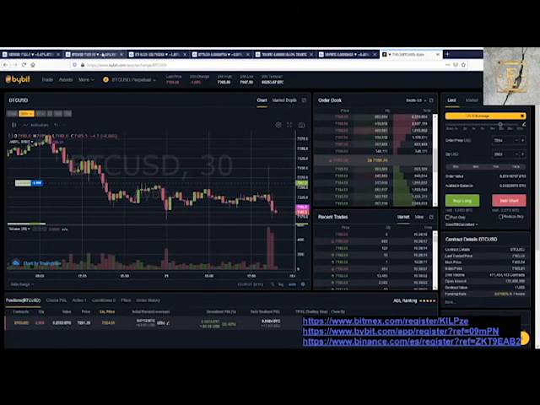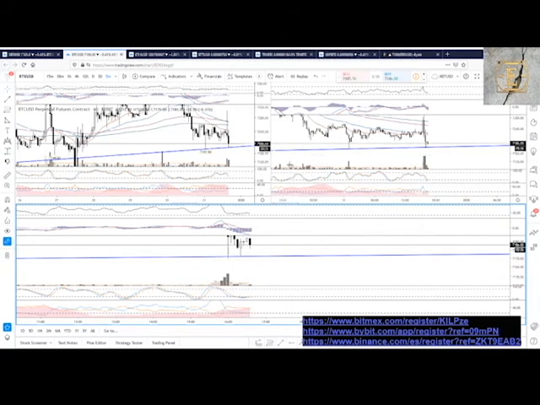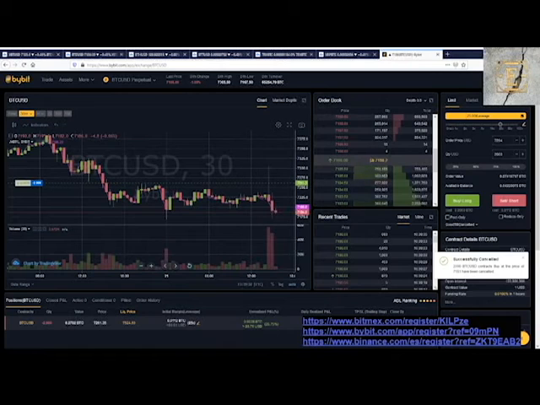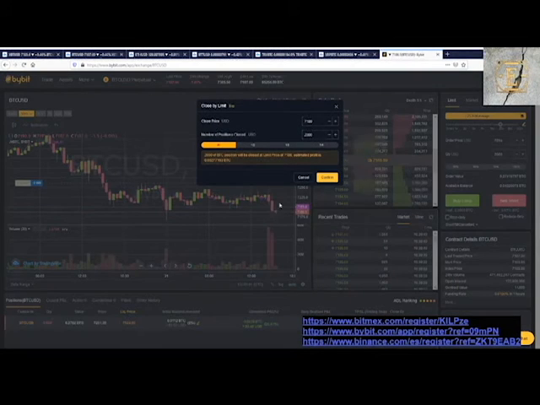Okay, I think I need to stop this live. To be honest, I'm going to close this trade. I don't want to wait anymore on live, so I'm going to close this trade at 0.5.